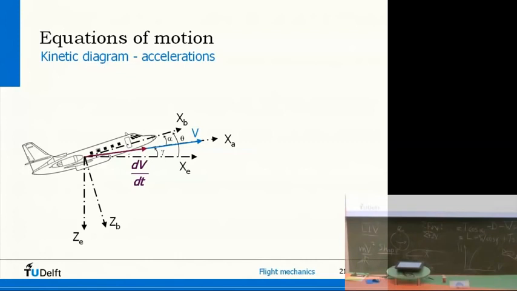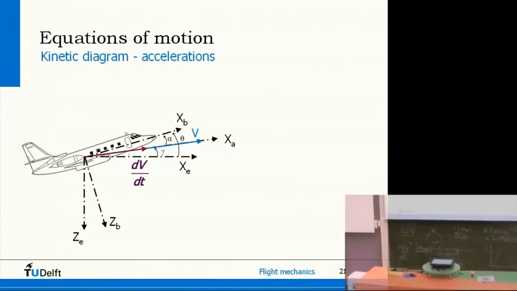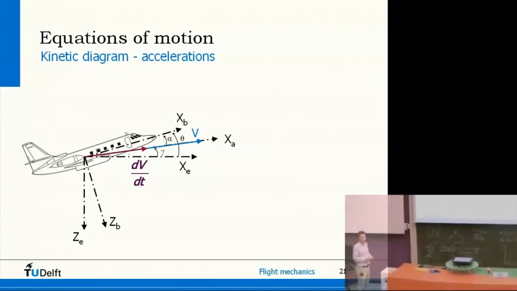So you may have a change of airspeed with time in the direction of V. So that's a fairly simple acceleration. So if you would complete the equation of motion here, you'd have mass, so aircraft weight divided by gravity, times dV/dt. Now there may also be some kind of a vertical acceleration.